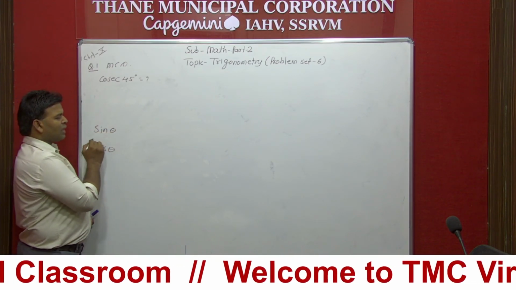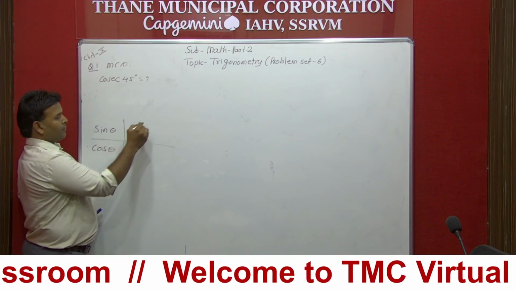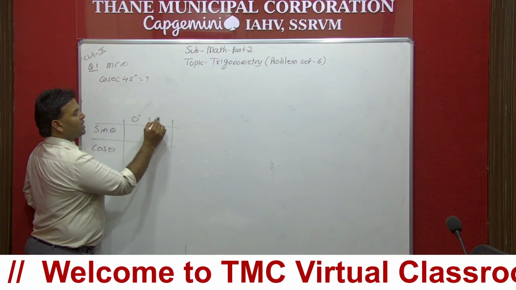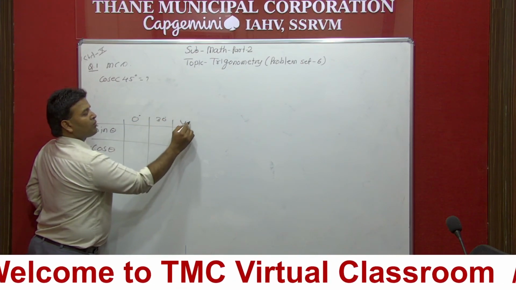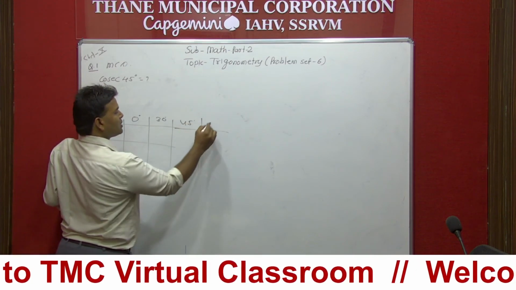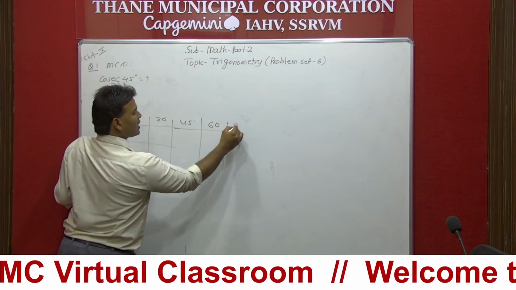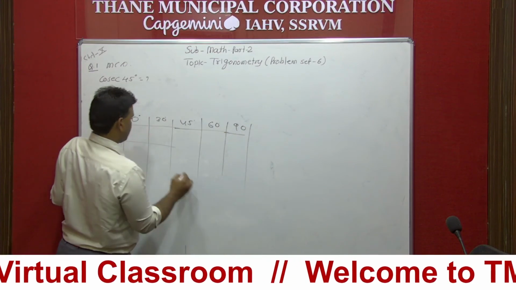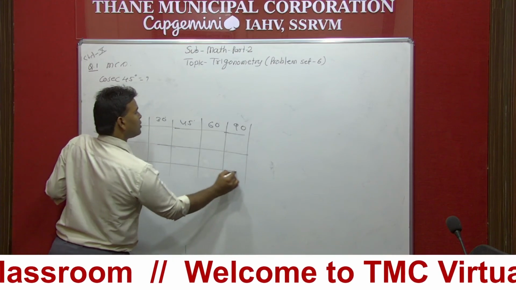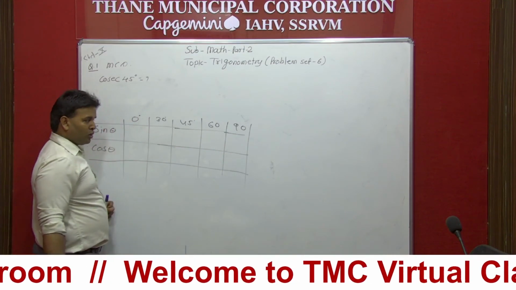If we want the values of these two, we need 0 degree, 30 degree, 45 degree, and finally 60 degree and 90 degree. I have already told how to frame this table.